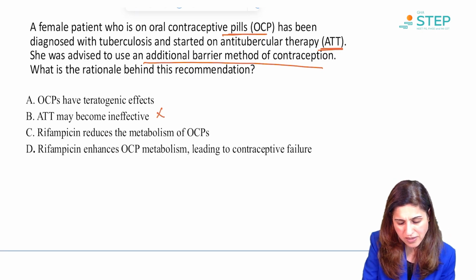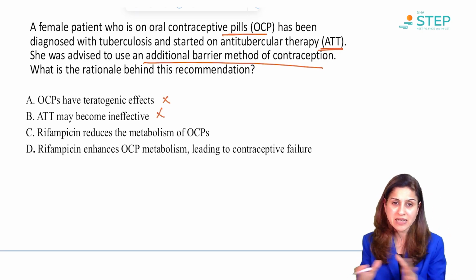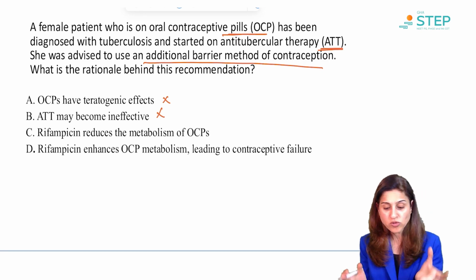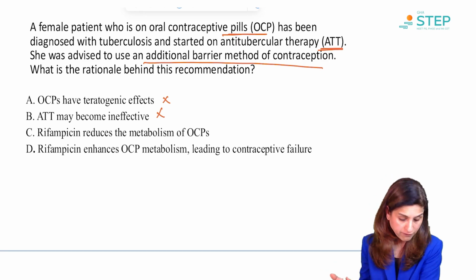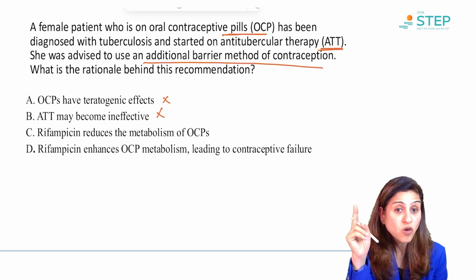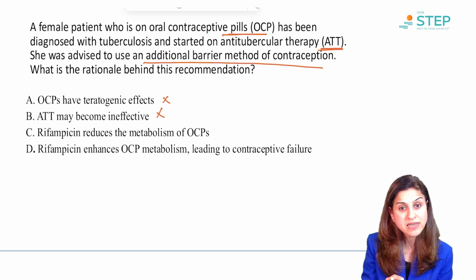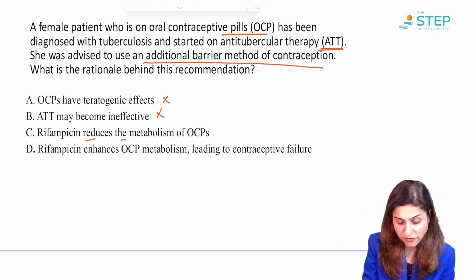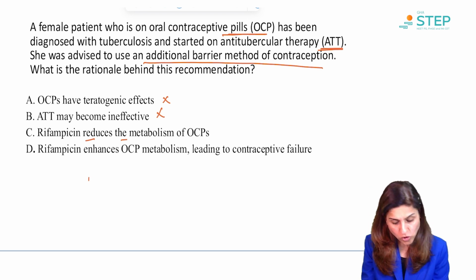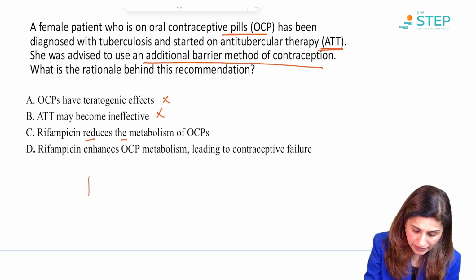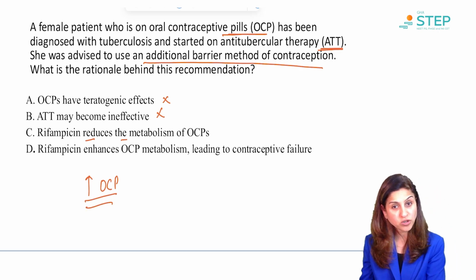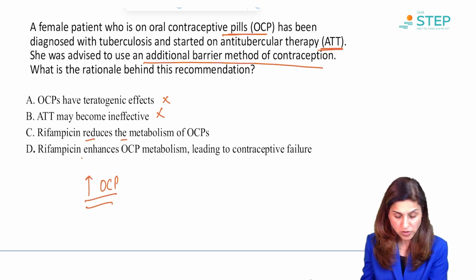ATT may become ineffective. Again, this is a wrong answer because OCPs cannot make the ATT ineffective, there is no such direct interaction. Now we'll see C and D. Rifampicin reduces the metabolism of OCPs. If it reduces the metabolism, that means the OCP levels are going to be higher. Then why would she need another method of contraception?